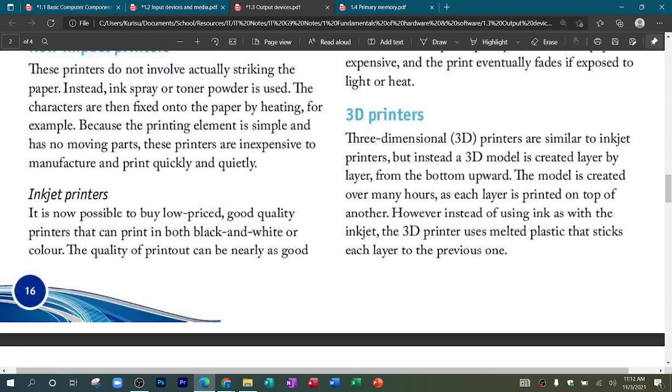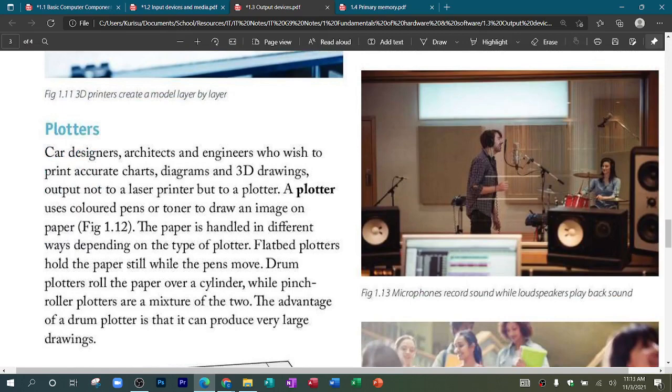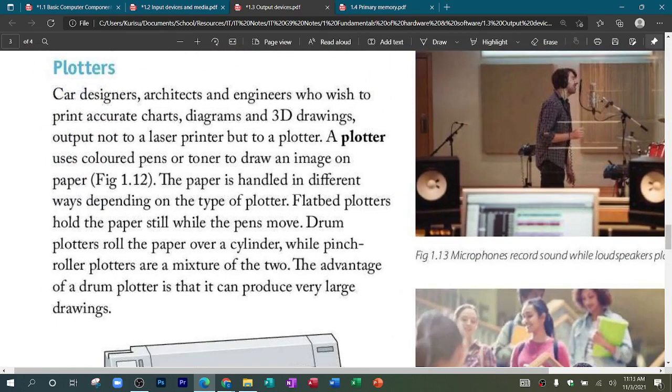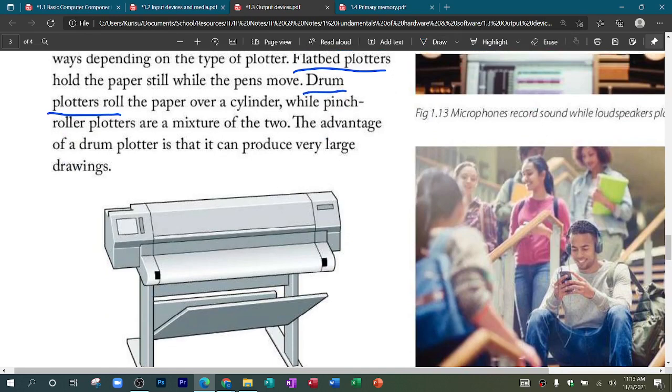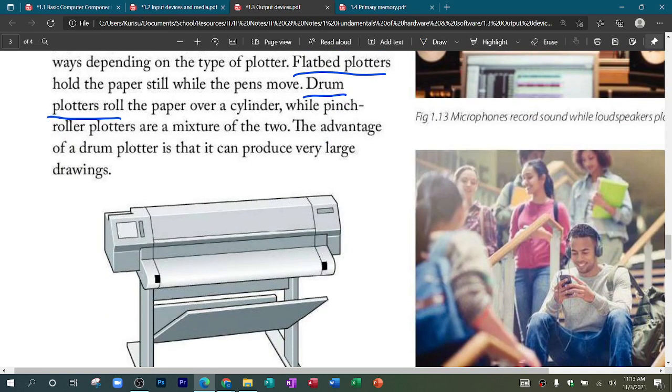We also have the 3D printer, which makes 3D models. We have the plotter, and it's important to remember the types of plotters. We have the flatbed plotter, which is a flat surface, and the pens move on top of that flat surface and print or draw the image. We have the drum plotter, as you see at the bottom here. Paper rolls on the drum.